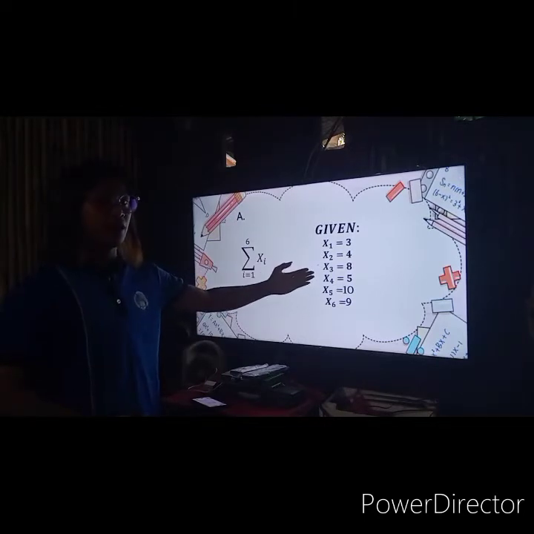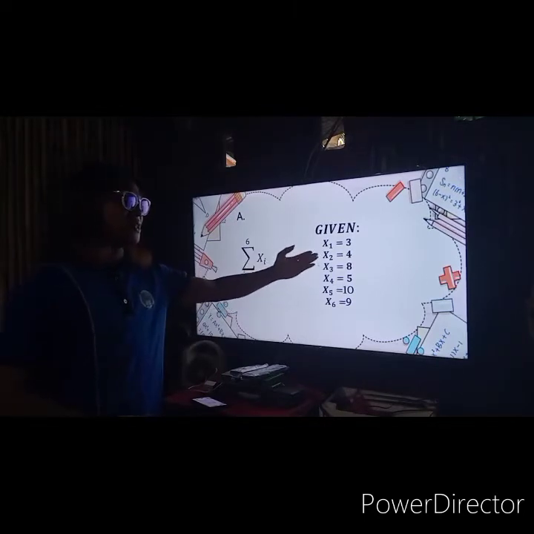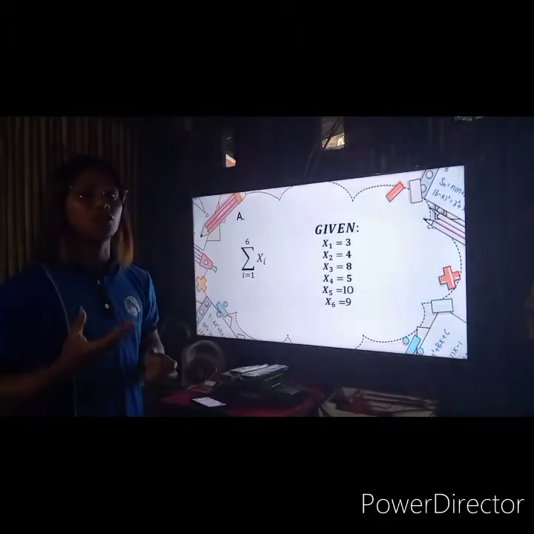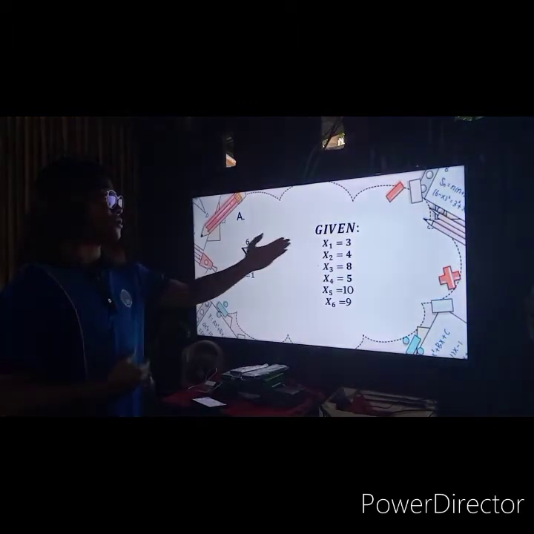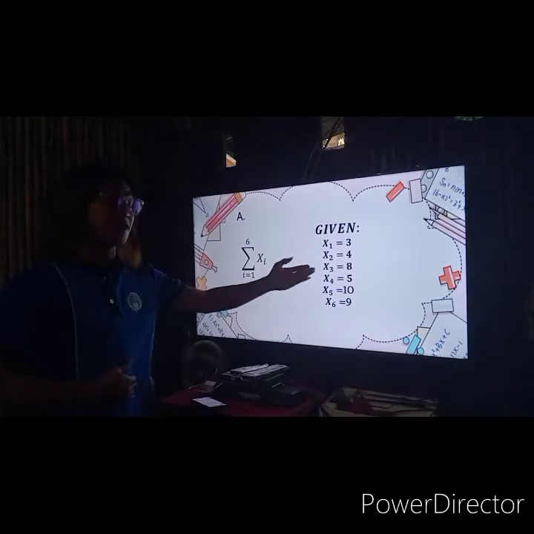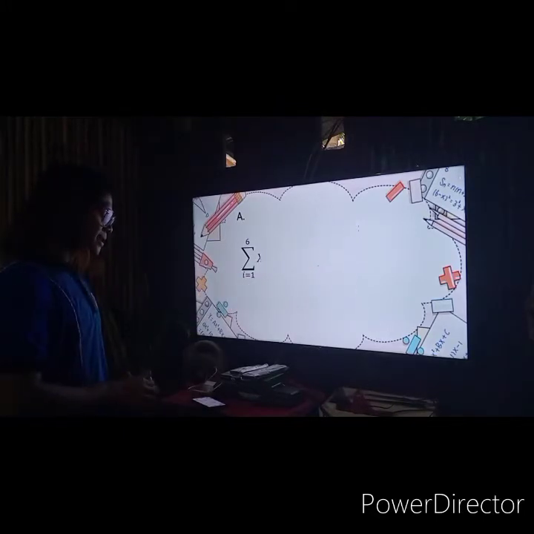Always remember the givens, because they will be your idea on how to add those specific numbers. So let's go to our solving.